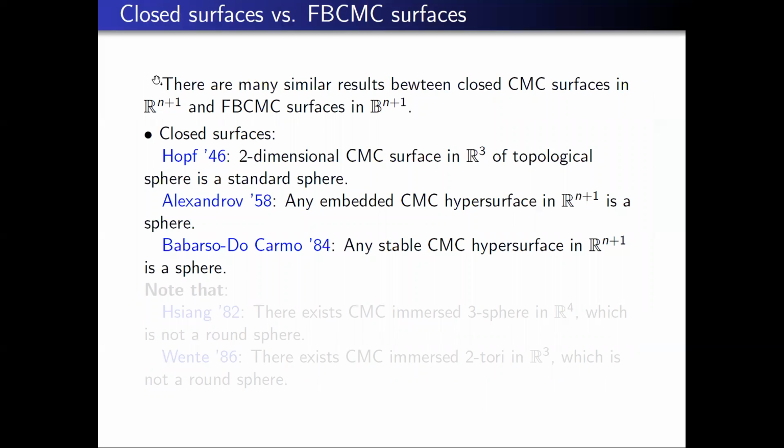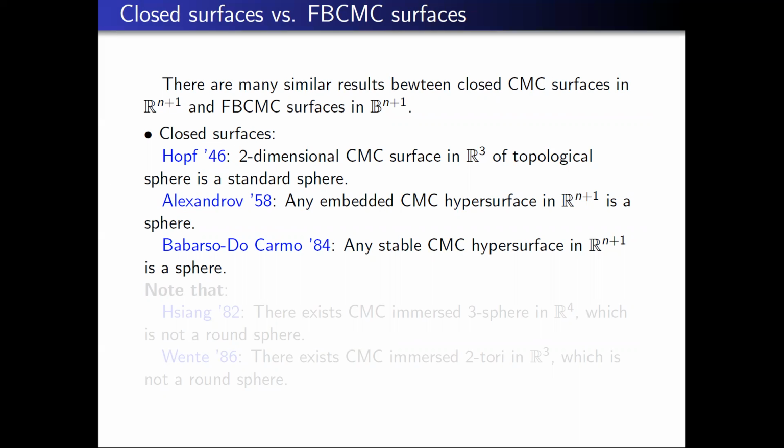Now we compare the closed surface with the FBCMC surface. Here are many similar results between closed surfaces in open space and FBCMC surfaces in a ball. Now we look at the closed surface. Hopf proves that a two-dimensional CMC surface in R3 of topological sphere must be a round sphere. Alexandrov proves that any embedded CMC hypersurface in Euclidean space must be a round sphere.